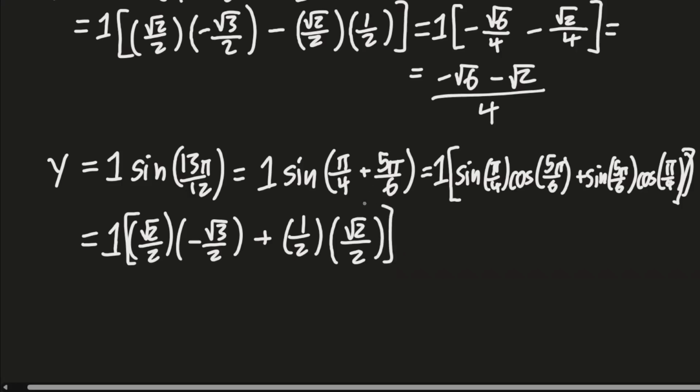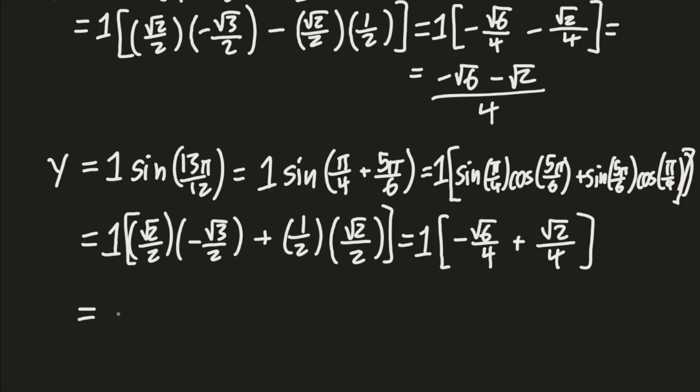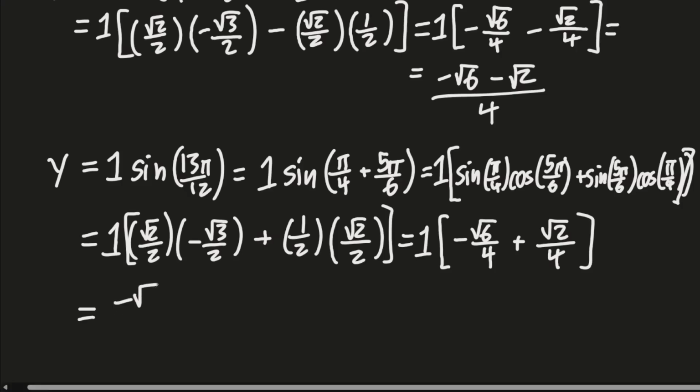So that would compute out to be 1 times negative square root 6 over 4, yeah, plus square root 2 over 4. Okay. So that would just become negative square root 6 plus square root 2 over 4.